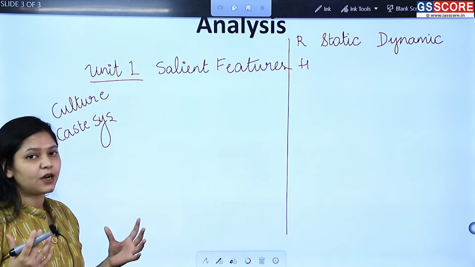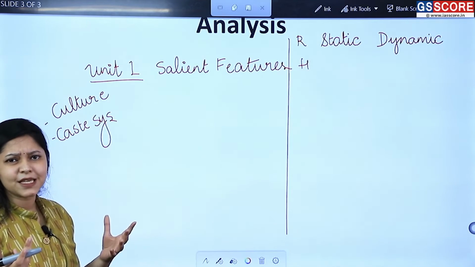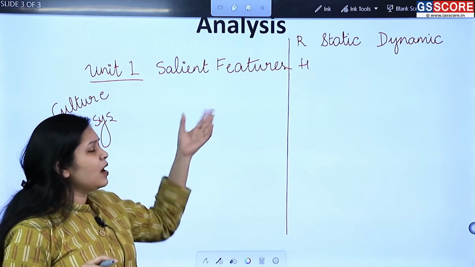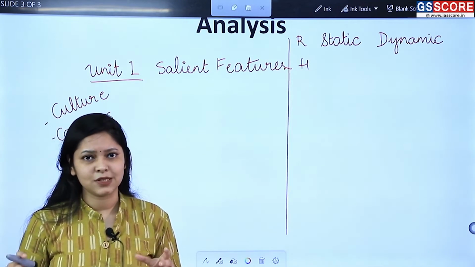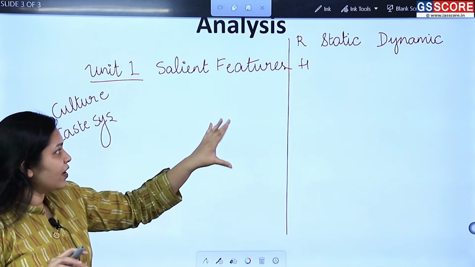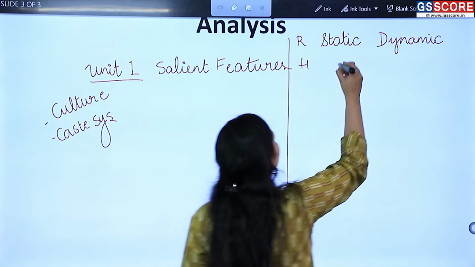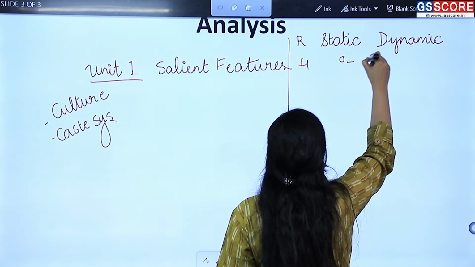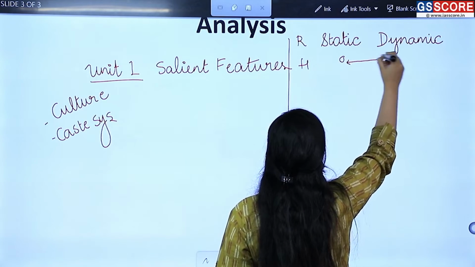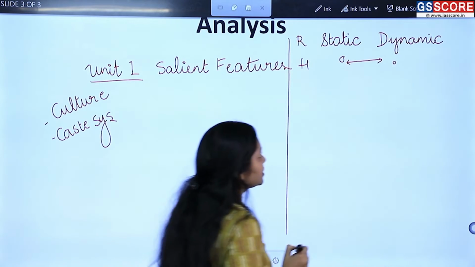So we need to be aware, and even when you read your basic NCERTs, you will be able to tackle the basic questions, static questions. However, UPSC is no longer asking only static questions. There is a dynamism associated with it.